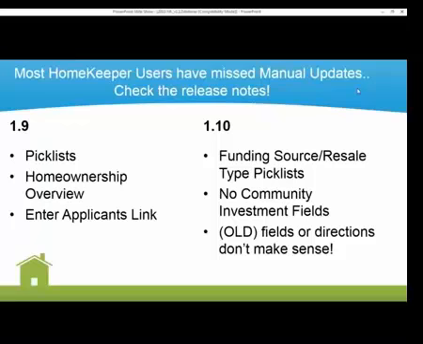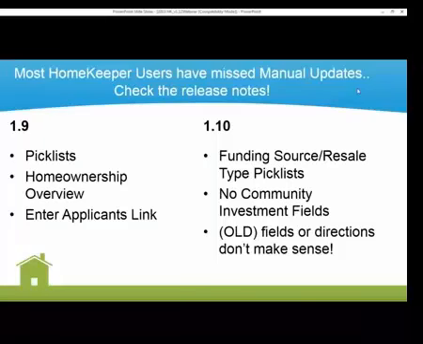Also, if you're missing any community investment fields on the service file, that's another signal on 1.10. And if you have any fields on your layout that say "old" in capital letters, you might have missed some of the 1.10 updates. You can always send in a ticket if you spot any of those things, and I can send you a link to the release notes, and I'm happy to answer any questions.